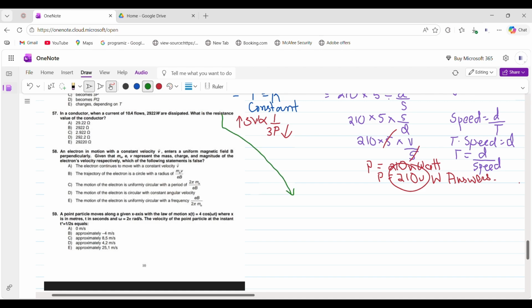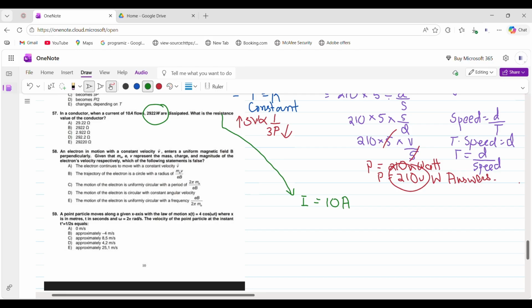Okay, so basically, when a current of 10 ampere, so basically current, and current is represented by I. Current they have already given us, which is 10 ampere, and they have given us watt, I mean 2922 watt, which means power, right?